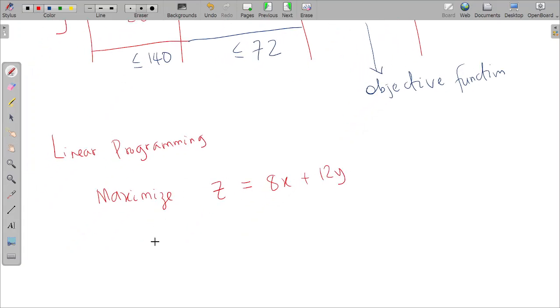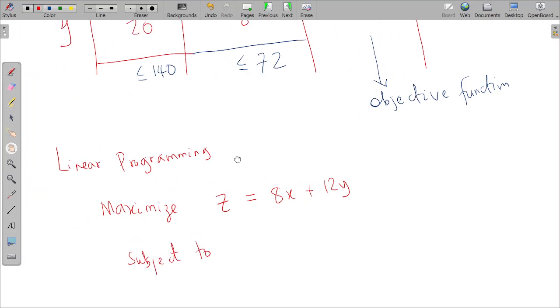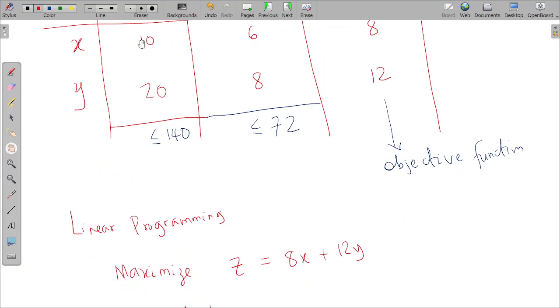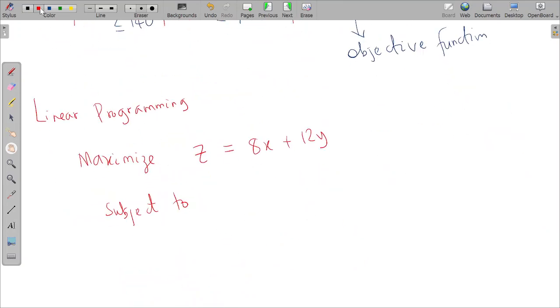Okay, now subject to, we now want to write the constraints. Subject to, don't forget, we only write the constraint for those items that have limitation.